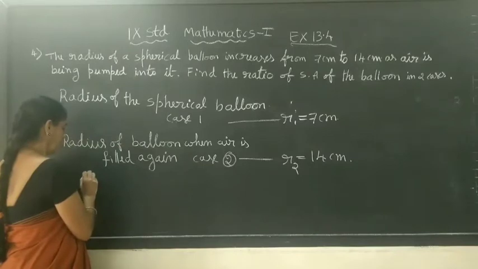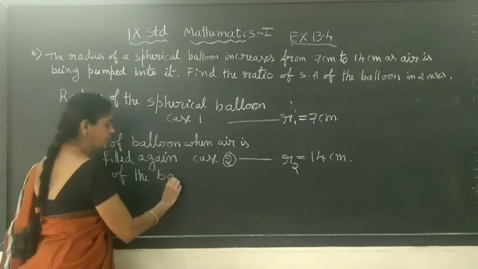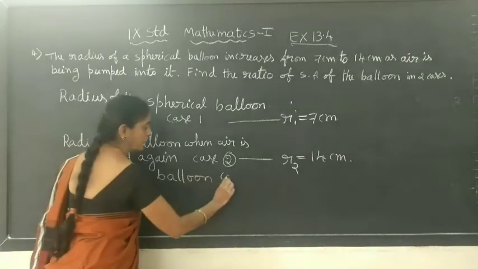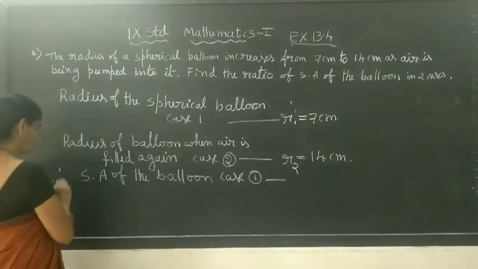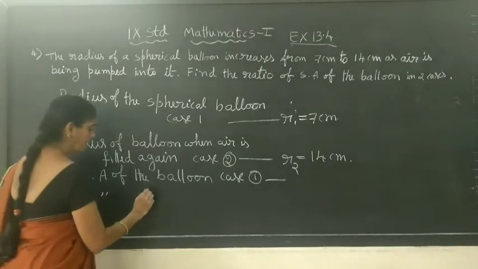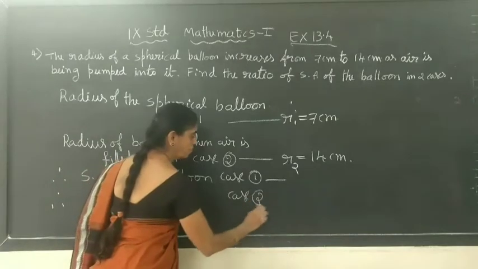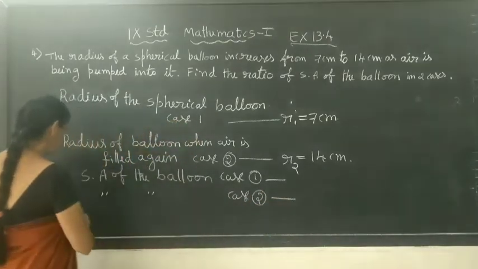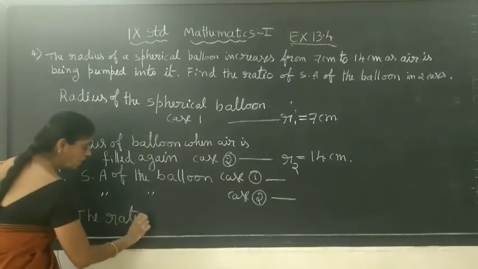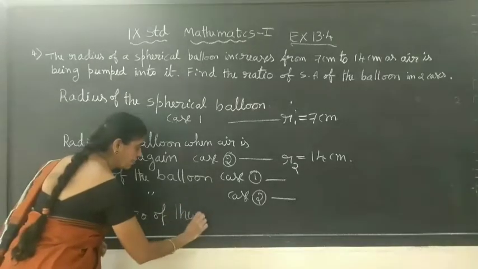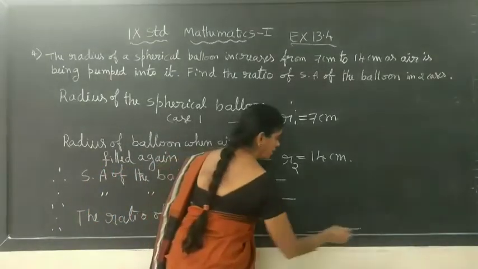So surface area of the balloon in case 1, then surface area of the balloon in case 2, and lastly the ratio of their surface areas, that we have to find out.